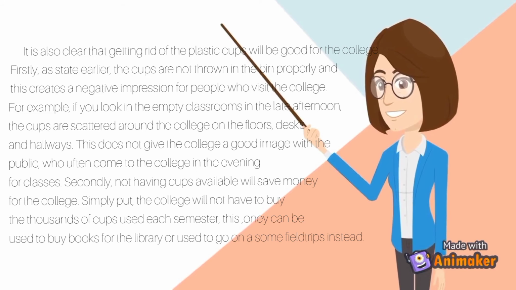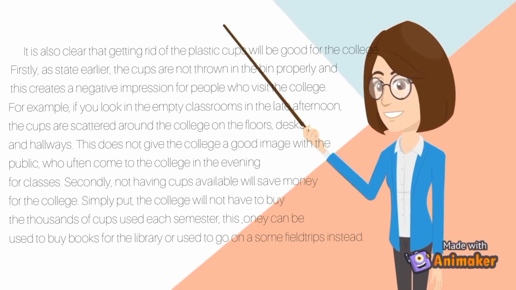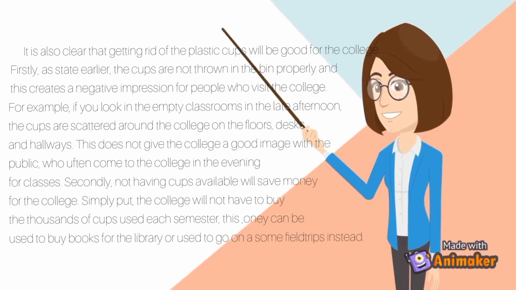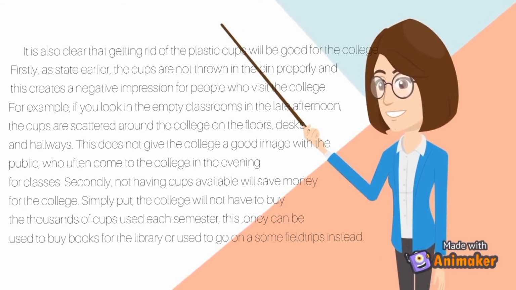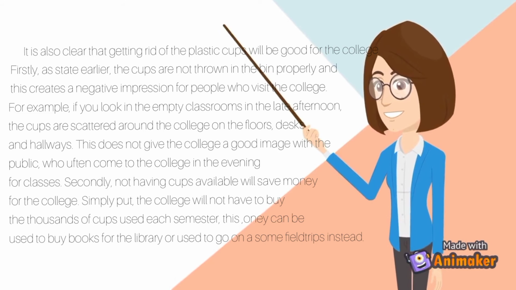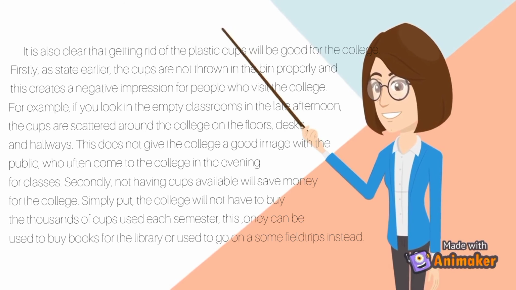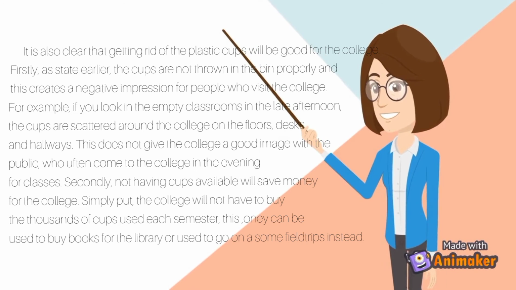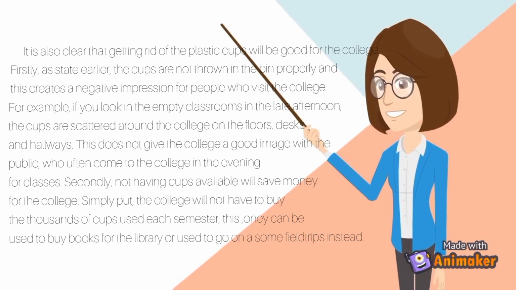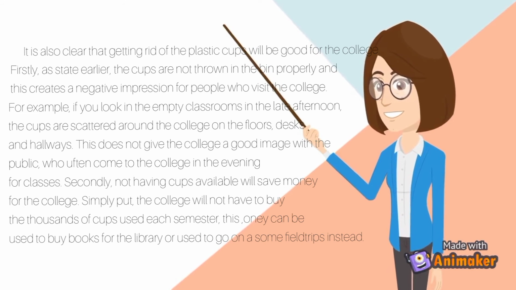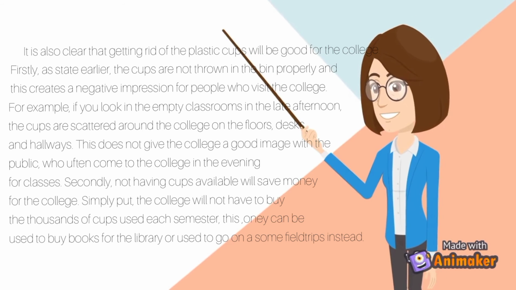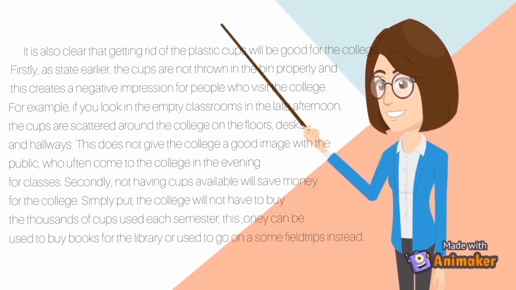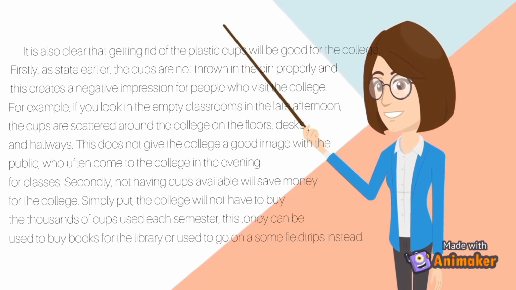Paragraph 3. It is also clear that getting rid of the plastic cups will be good for the college, which I stated earlier. The cups are not thrown in the bin properly, and this creates a negative impression for the people who visit the college. For example, if you look in the empty classrooms in the late afternoon, the cups are scattered around the college on the floors, desks, and hallways.